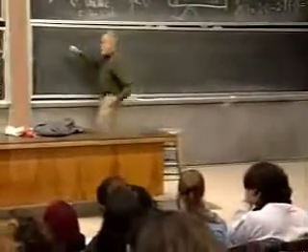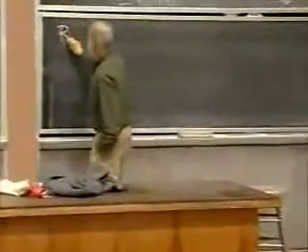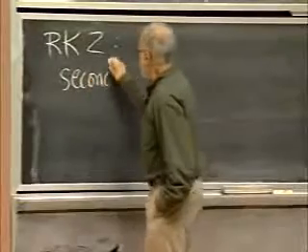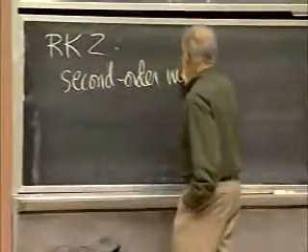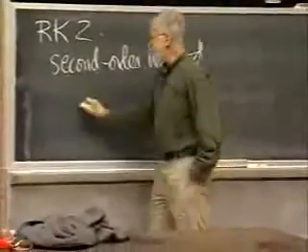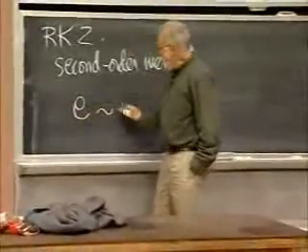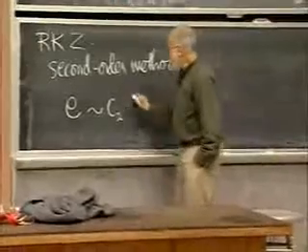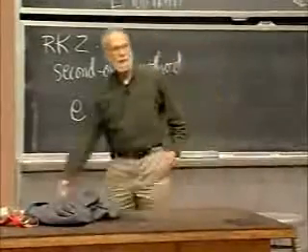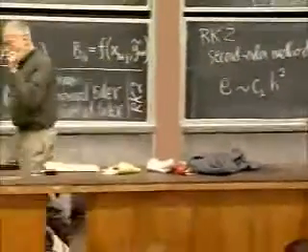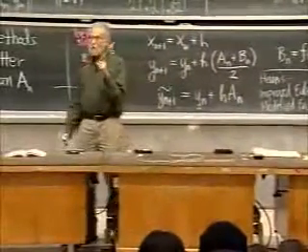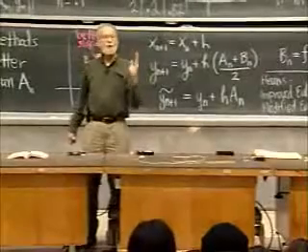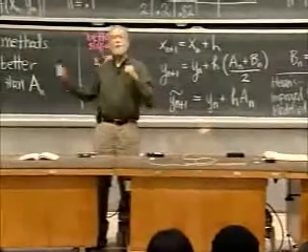So Heun's method, or RK2, let's write it, that's the shortest thing to write, is a second order method, meaning that the error varies with the step size like some constant, it won't be the same as the constant for Euler's method, times h squared. That's a big saving, because it now means that if you halve the step size, you're going to decrease the error by a factor of 1/4. You will quarter the error.